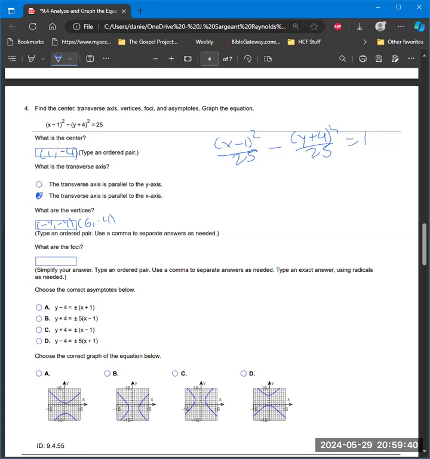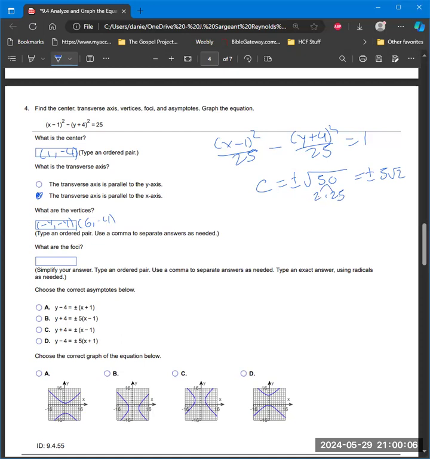And the foci are going to be at c equals plus or minus the square root of 50, which is equal to plus or minus 5 root 2. 50 breaks down into 2 times 25. The square root of 25 is 5.